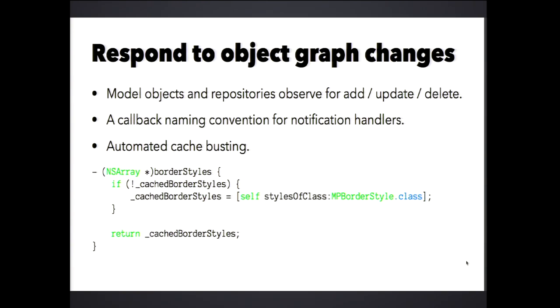Yep. So we've also got this idea of object graph changes. I mentioned that we've got a convention on these being named in certain ways. So you can implement notification observers with a certain notification center category that we have for, let's say, when I want to be informed when X changes.